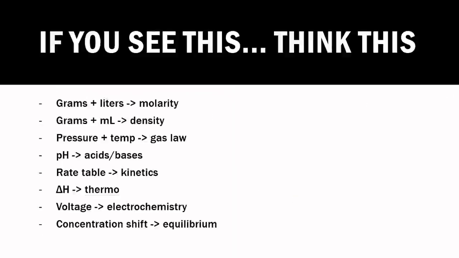Okay, so this is a section that's on the rubric here. We need to talk about 8 examples of when it says something and you need to know where to refer to. So, if it mentions grams and liters, then you're probably going to have to do something regarding molarity, which is moles over liters.